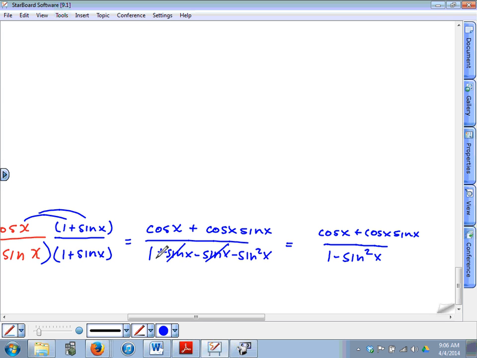All we did is multiply the top and bottom by the conjugate to put the denominator into a form that we could use an identity. 1 minus sine squared, that's cosine squared. So we have cosine x plus cosine x sine of x all over cosine squared of x.